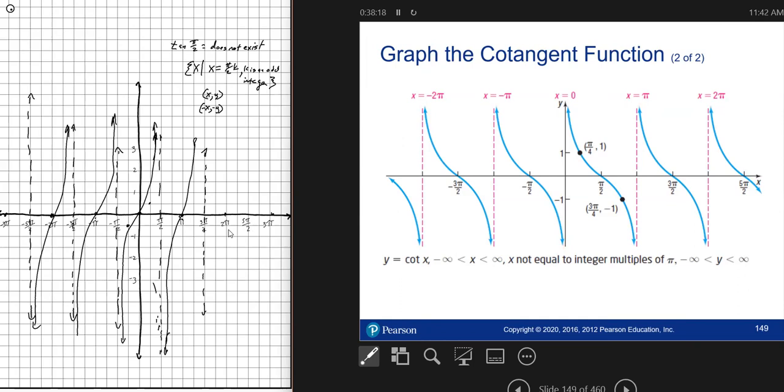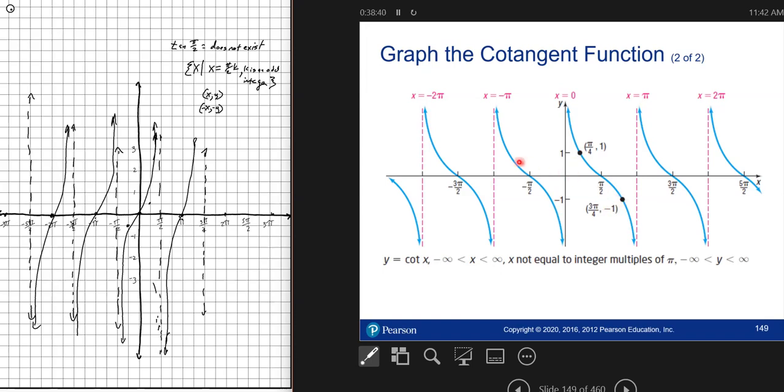It's an odd function, so it's going to be symmetric with respect to the origin. So this point down here at negative pi over 4, negative 1 is reflected there.